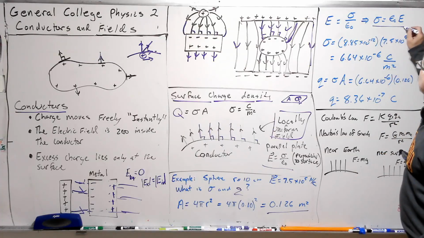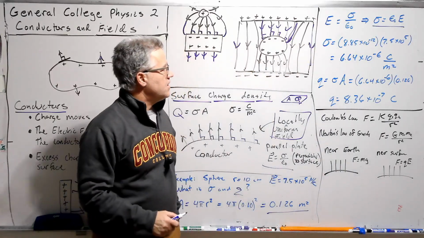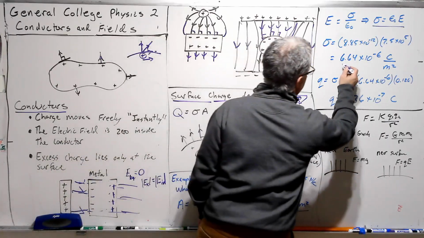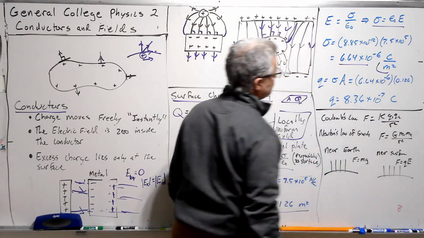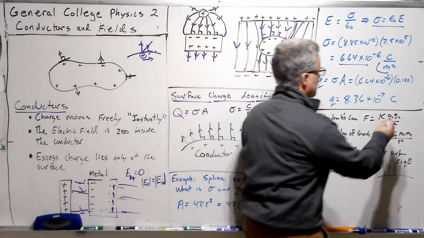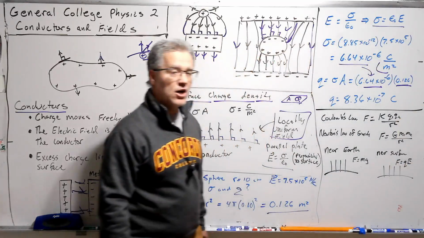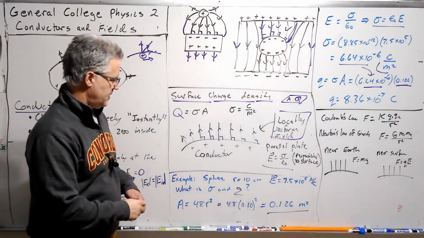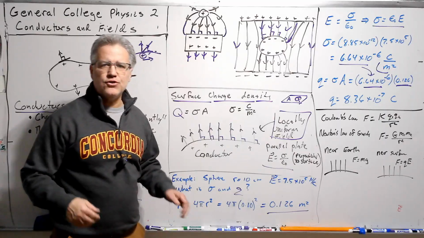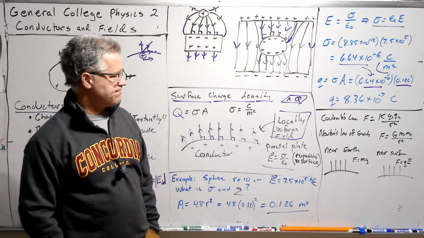And so from there, we can solve for the surface charge density, and we get coulombs per meter squared, and then we multiply by the area. So we take this in here, multiply the area, and we get our total Q. So you want to be able to do some calculations with the surface charge density.